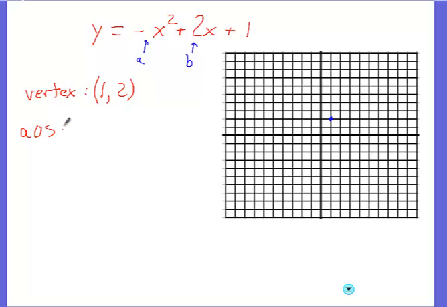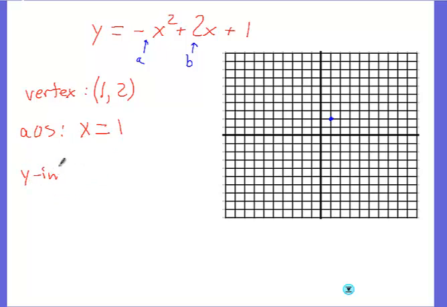Okay, so the AOS, the axis of symmetry, you have to give me the equation for it. Like we said, it's just the equation of the line that cuts our parabola in half. So ours for this one is x equals 1, because it's the x value of your vertex. Okay, so now we have vertex is (1, 2), axis of symmetry is x equals 1.